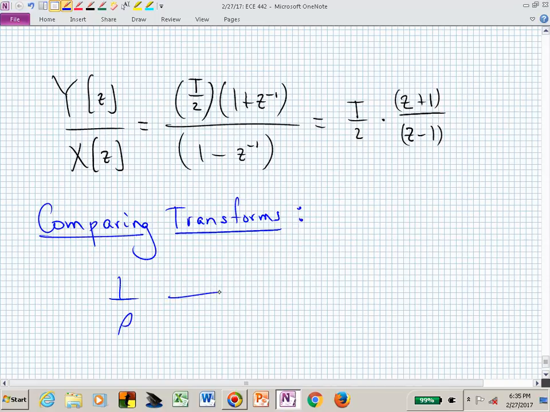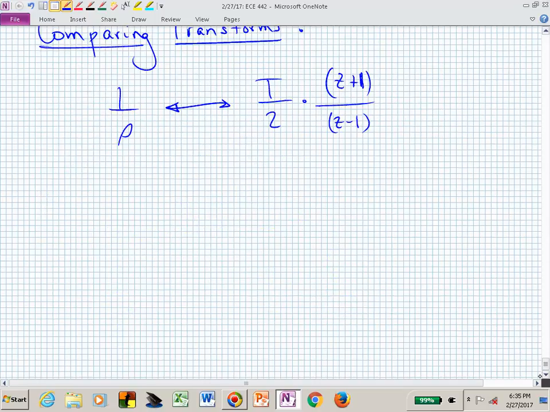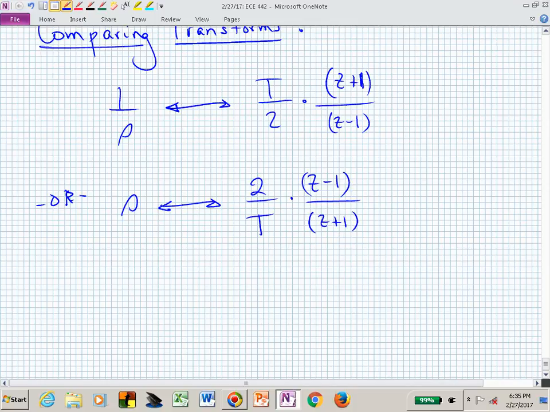If we compare the transforms, the integral 1 over s is going to be equivalent to t over 2 z plus 1 over z minus 1. Or, if we flip this on its head, we now have s giving rise to 2 over t times z minus 1 over z plus 1.